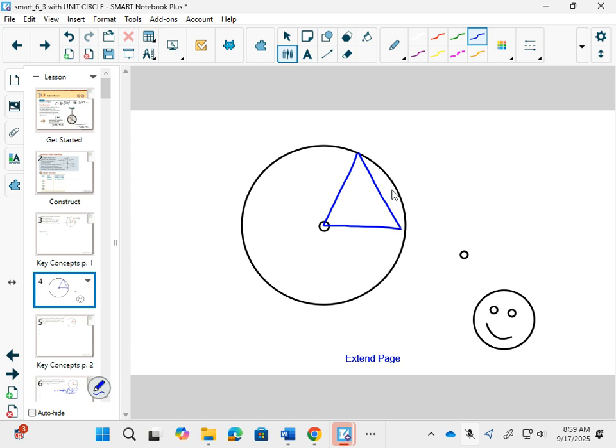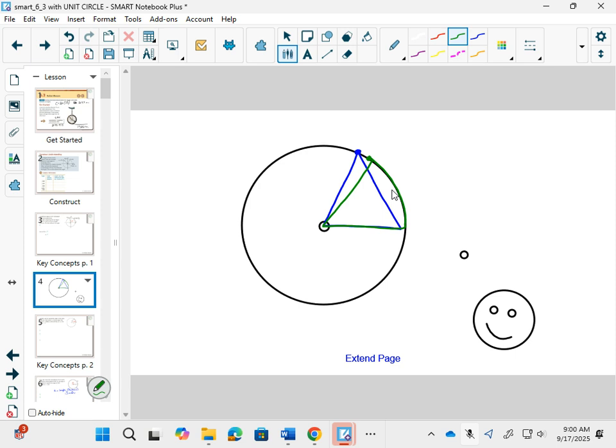Now if I take this right angle triangle and I push down on this point, can you see that will bend the other side? If I push down on it just a little bit, I can make it so that this bends perfectly to that side.